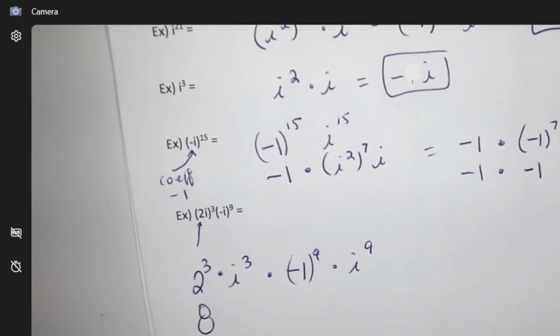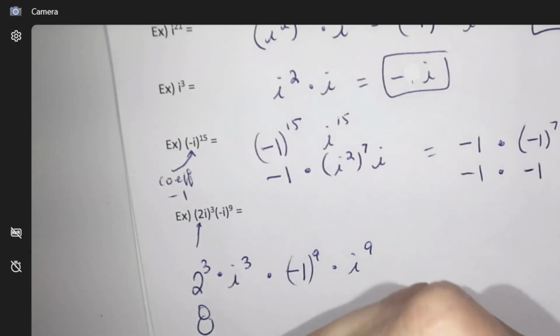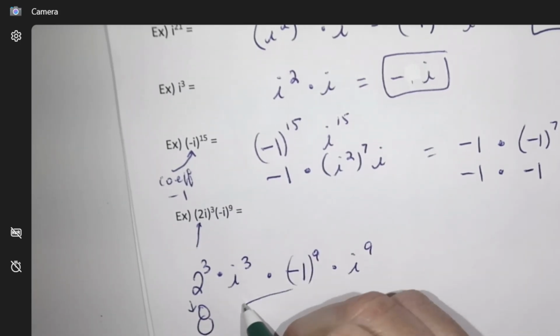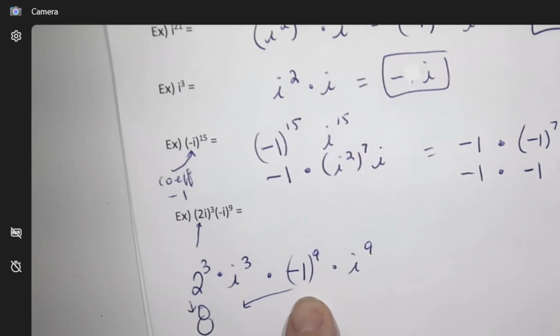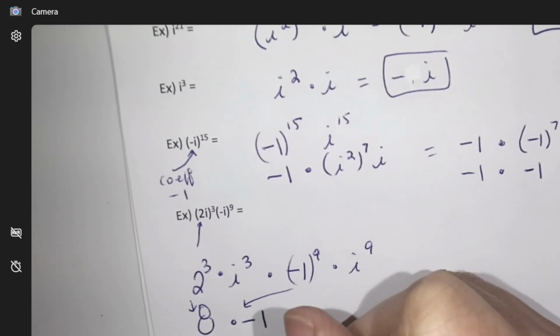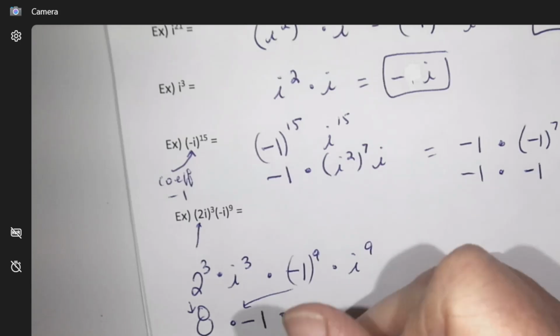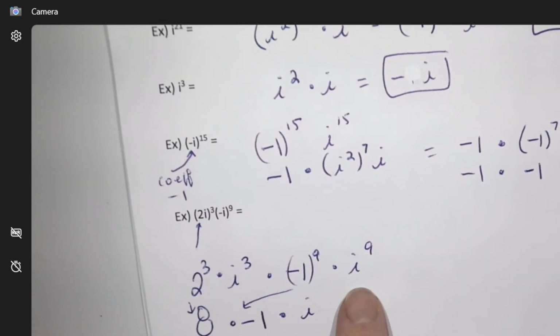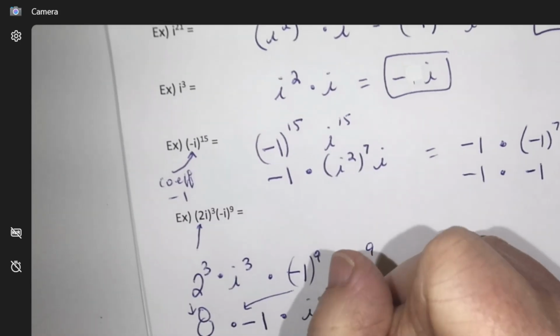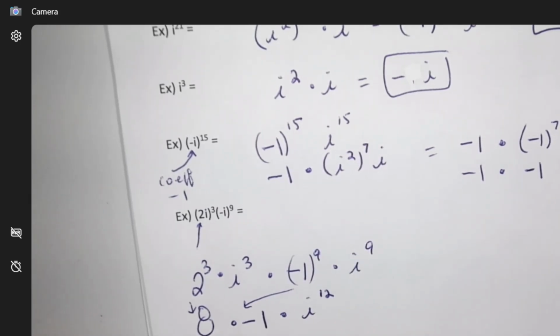Okay, so 8. I'm going to put this next. What is -1 to a ninth? -1. And how many i's would that make if I could put them together with multiplying? i to a 12th, right? Remember that rule?